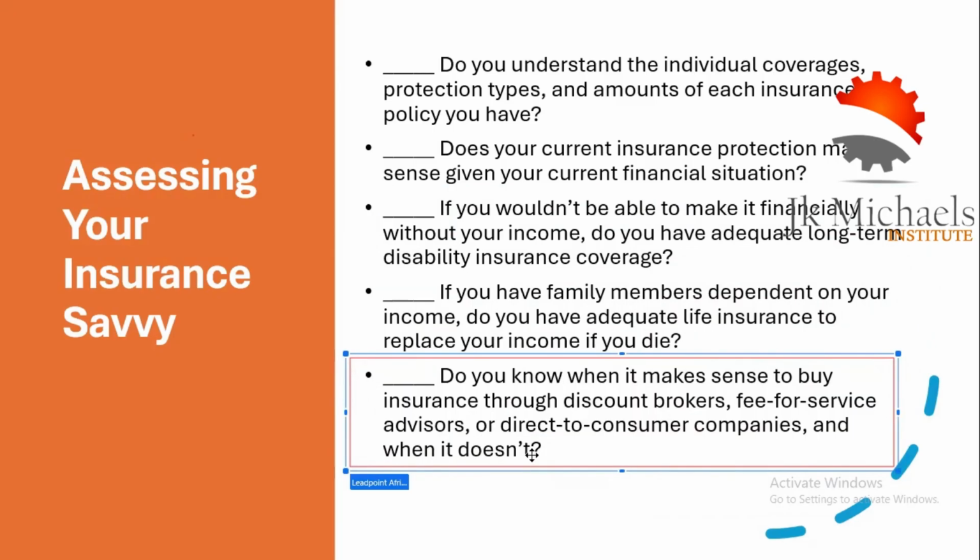When does it make sense to do this, and when does it not? Depending on your financial situation, the kind of asset you have, and the nature of the insurance package, you should be able to assess the kind of insurance you should get through either of these three, right? So it's very important to assess that. This is a very, very big deal.